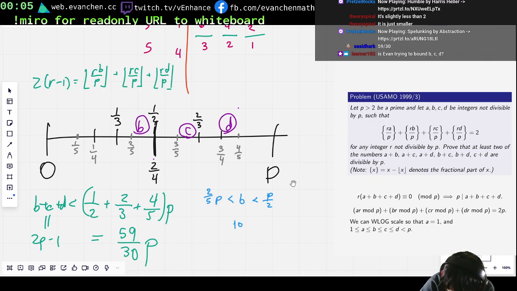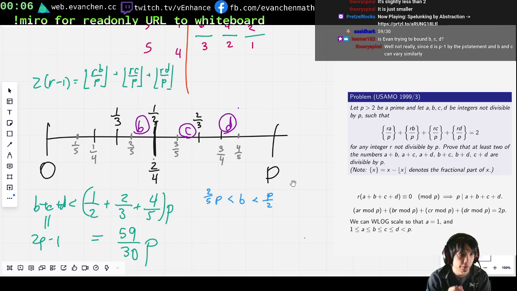And that's clearly dumb, right? 10B is less than... I feel like the fact that they're adjacent Farey fractions should be telling me something, but I don't see what. I just think it's interesting that a particular R will falsify it for a large enough P.